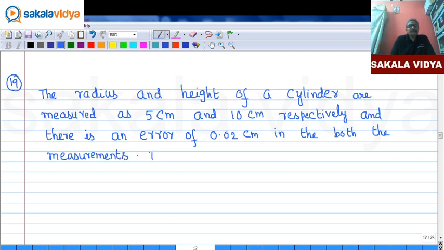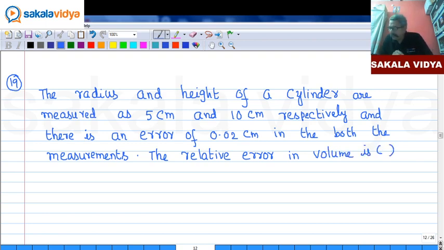Then the relative error in volume is? The question is very lengthy, but the answer is very simple. We need to find out the relative error in volume.